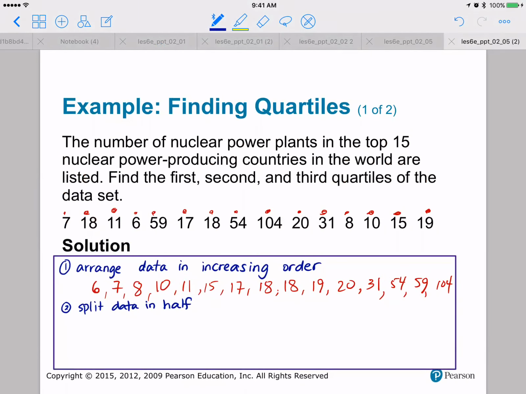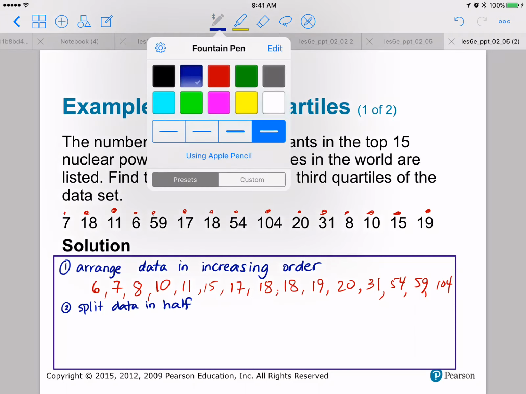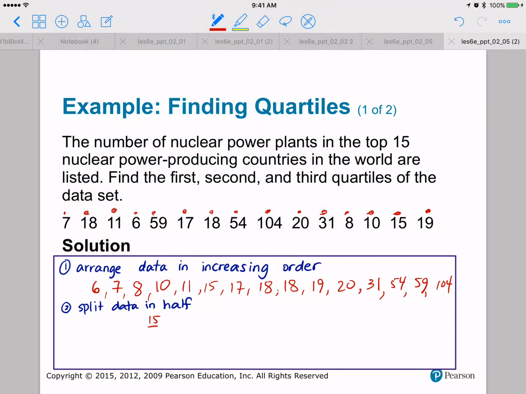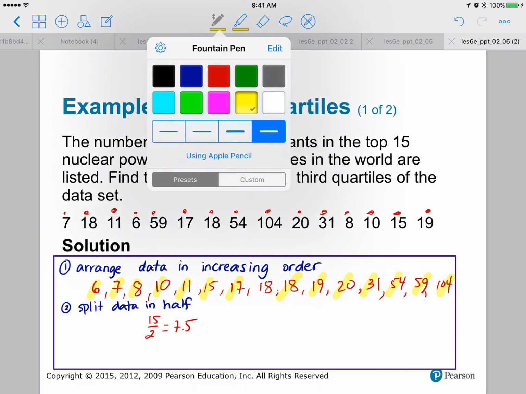If I've got 15 data entries, then 15 over 2 would be 7.5. So I can go in 1, 2, 3, 4, 5, 6, 7. 1, 2, 3, 4, 5, 6, 7. Aha, so 18 is my middle.